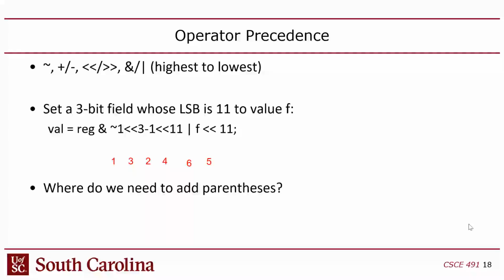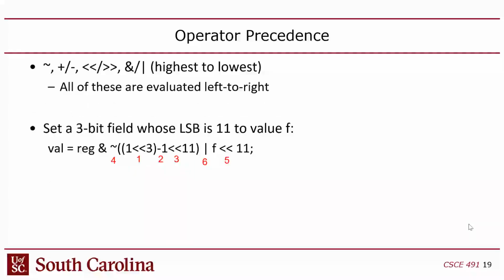Then I'm going to take the complemented 1 and shift it by 2 bits to the left, then shift that result by 11. And then I'm going to shift F by 11 and OR everything together, which will be a mess, right? So we have to use parentheses very carefully to make sure the evaluation order is correct.